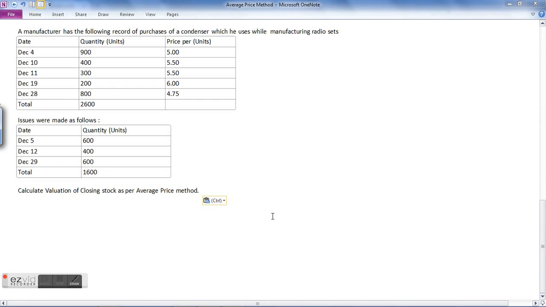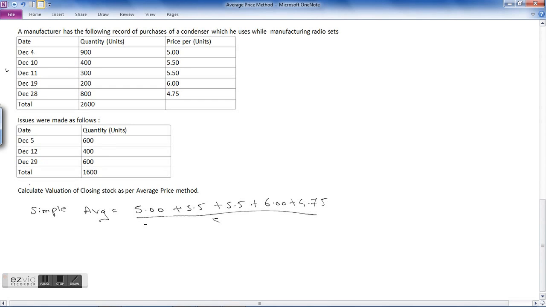Now let's see one more method of calculating the average price. We are taking the same example, and here we calculate the value of closing stock as per average. We can calculate it as per simple average also. So as per simple average, the price will be, we'll add up all purchases, 5.5 plus 5.5 plus 6 plus 4.75 divided by 5.